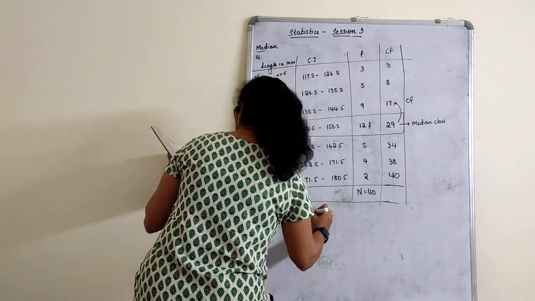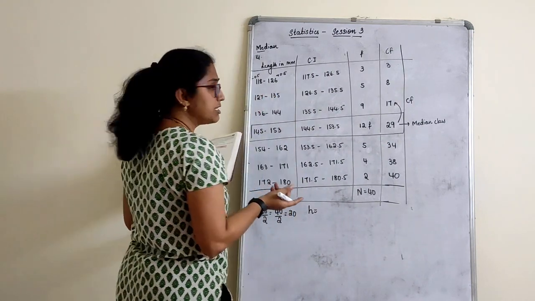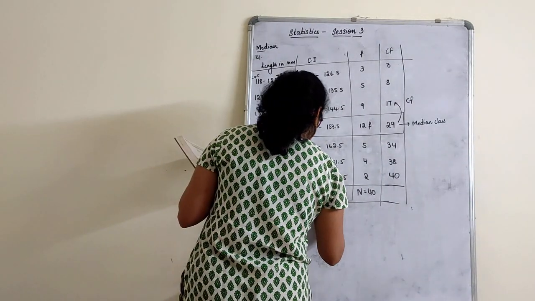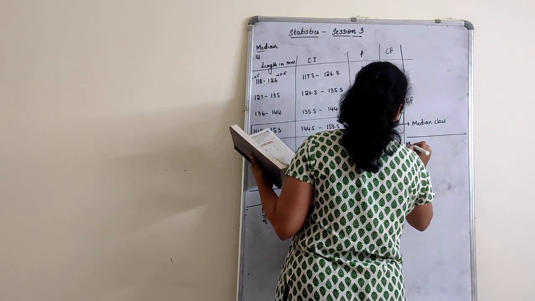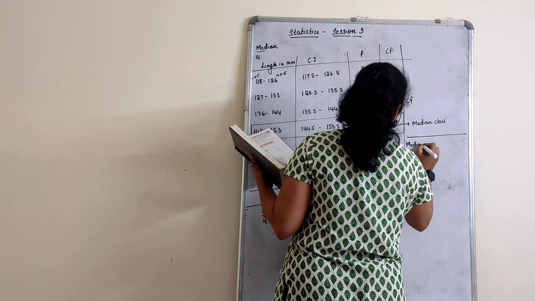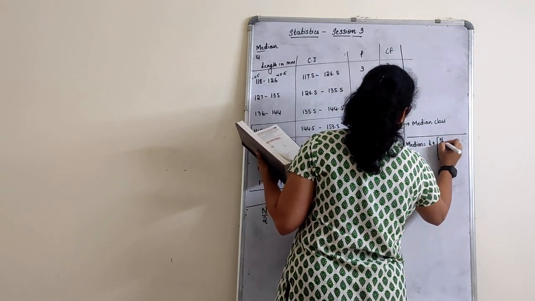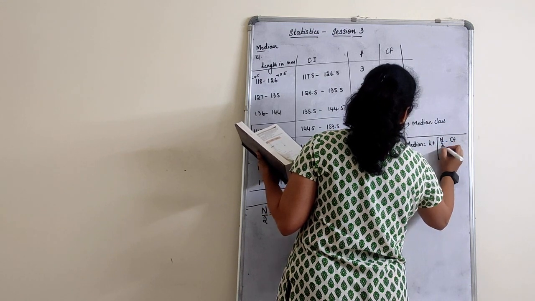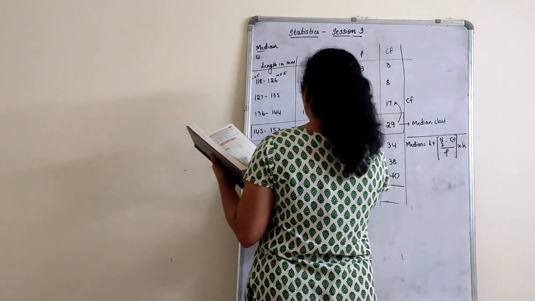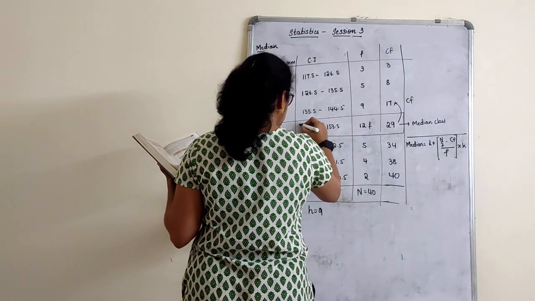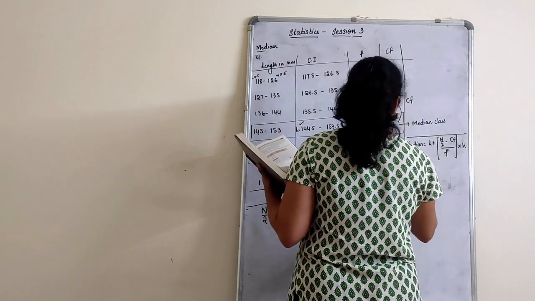If this is the median class, this is your CF and this is your F. Height of the class interval is what here? 118 to 126, you count: 9 is the size of the class interval. I just substitute the formula and leave it, children. Median is equal to L plus N by 2 minus CF upon F into H. Lower limit is what here? This is your lower limit. We wanted the continuous lower limit.